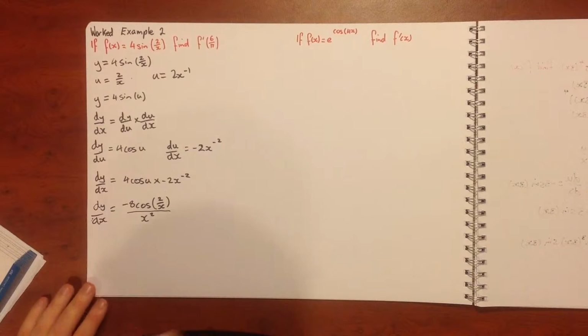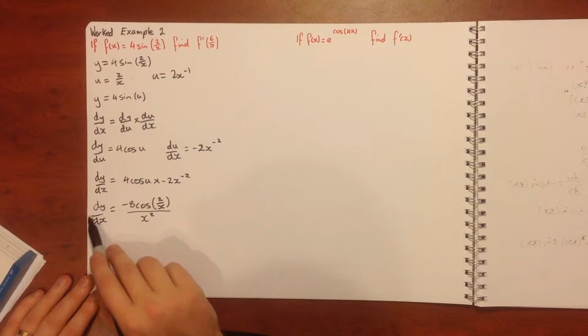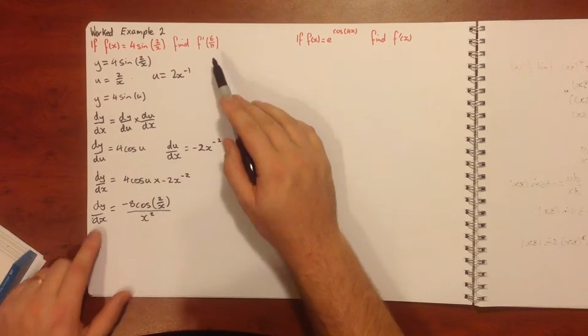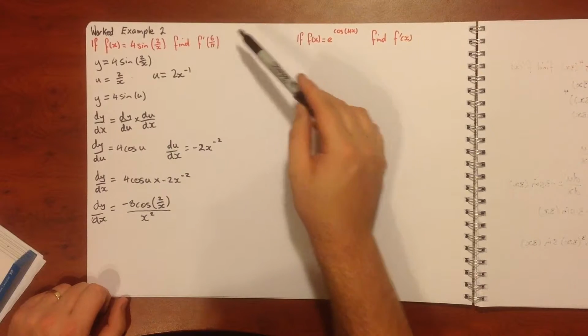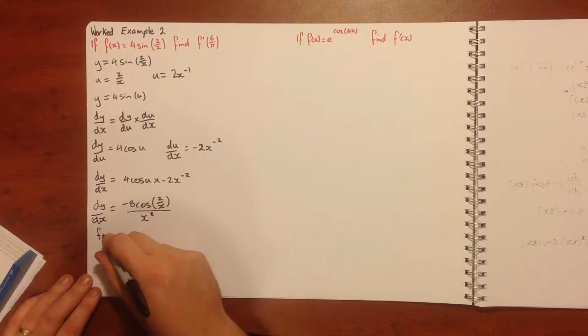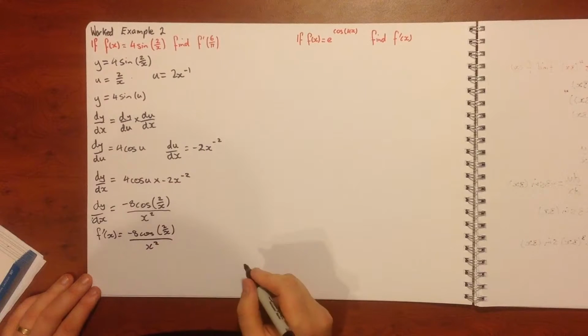Okay, and what we can do now is sub in our value that we wanted. The reason why this doesn't work that well is that we can't write it like this when we're in this form, so we can't do our f dash bit. But we could easily say that f dash of x equals minus 8 cos of 2 on x over x squared.